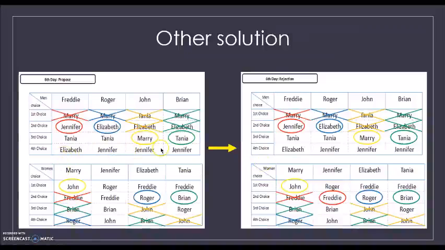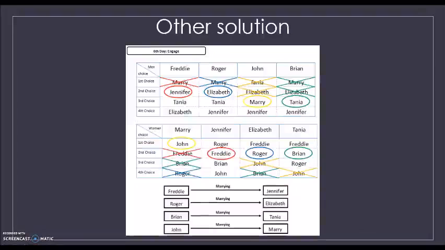Okay, we don't have any problem now. Jennifer had no one, right? Jennifer, just Freddie. So they all settled down. Four couples got engaged and married.